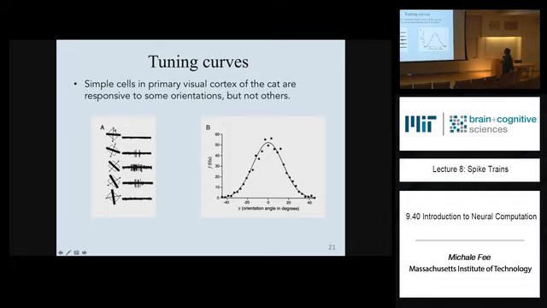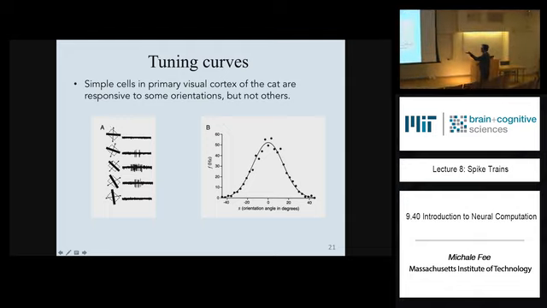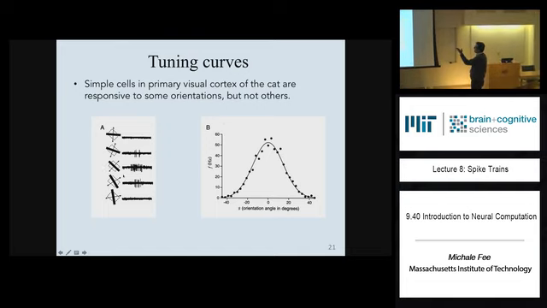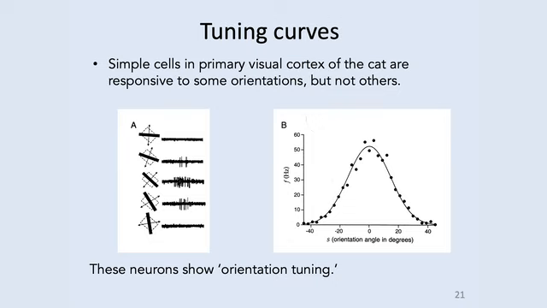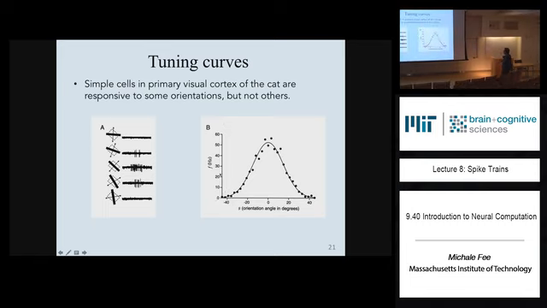And you can see that if you move this bar in space at this orientation, this neuron doesn't respond. But if we rotate this bar of light and move it in this direction, now the cell responds with a high firing rate. So if we quantify the firing rate as a function of orientation of this bar of light, you can see that the neuron has a higher firing rate for some orientations than for others.